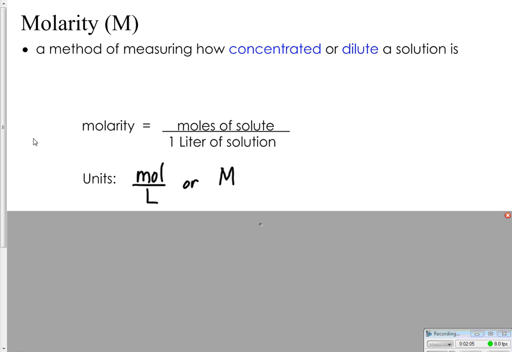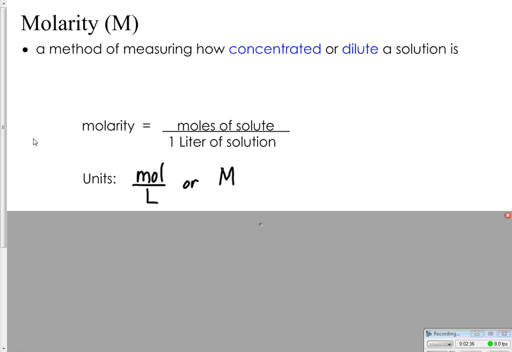Now, if you think of it as a formula, much like density, if you remember, you learned in 9th grade and in this year too, that density is equal to mass divided by volume. If you know any 2 of the quantities, you can find the third. The same is true with molarity. If I know the moles of solute and the liters of solution, I can find the molarity.